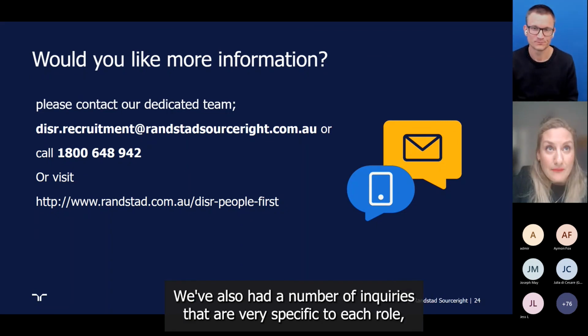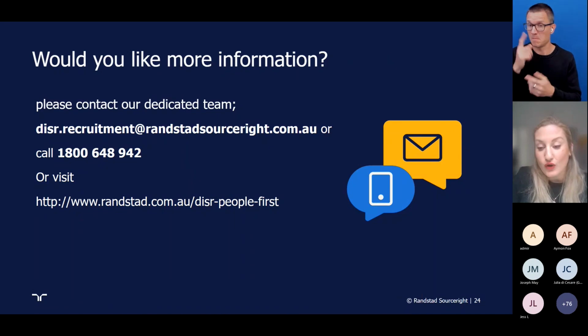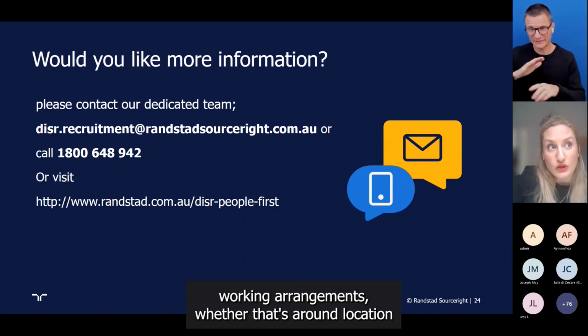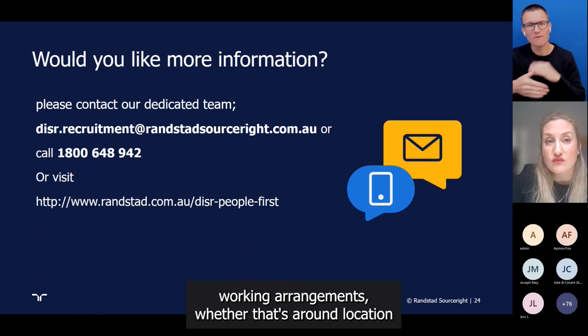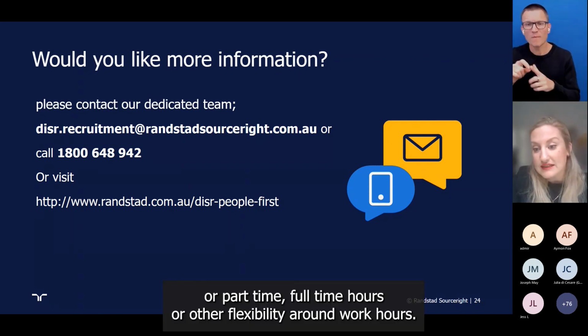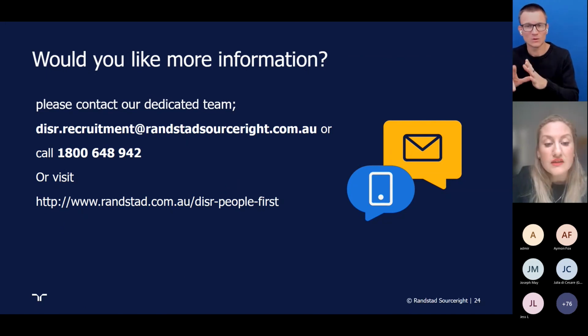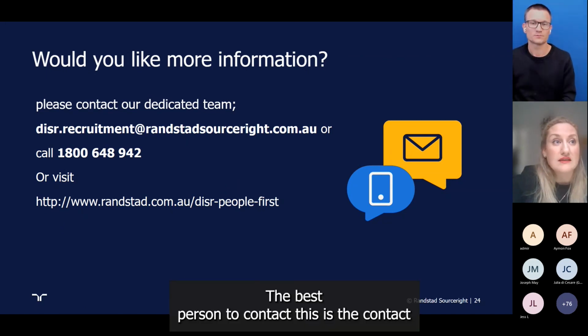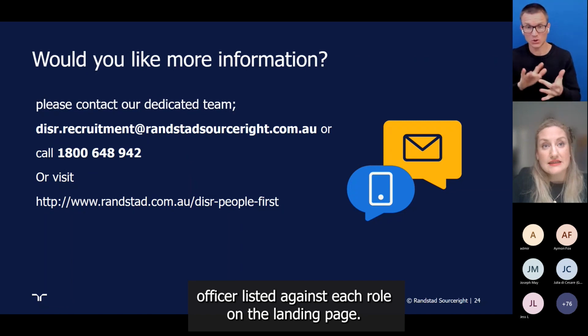We've also had a number of inquiries that are very specific to each role, particularly when it comes to flexible working arrangements, whether that's around location or part-time, full-time hours or other flexibility around work hours. The best person to contact for this is the contact officer listed against each role on the landing page.